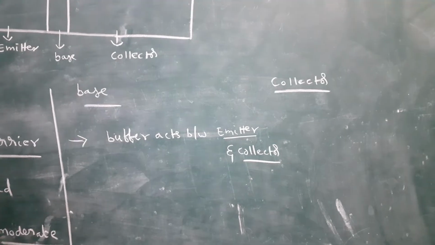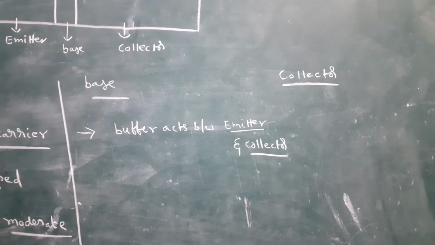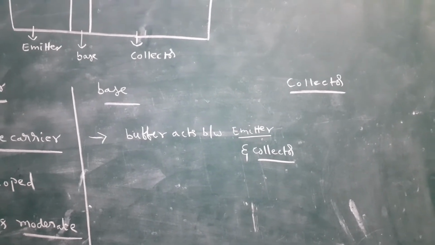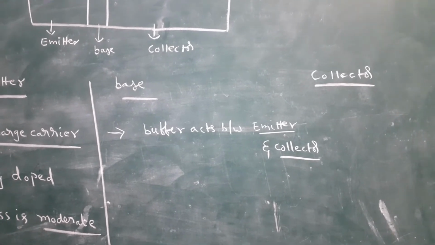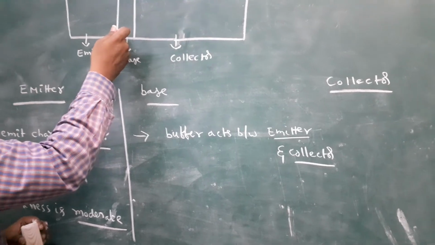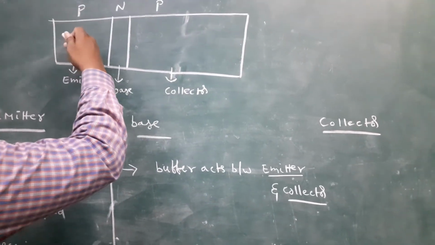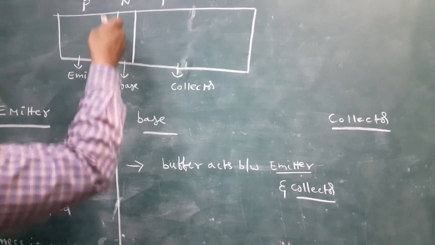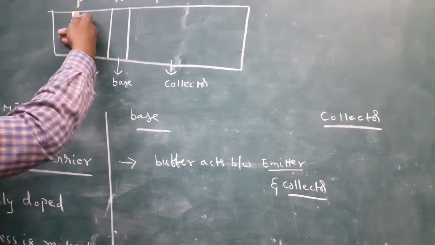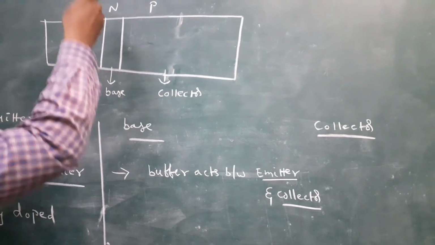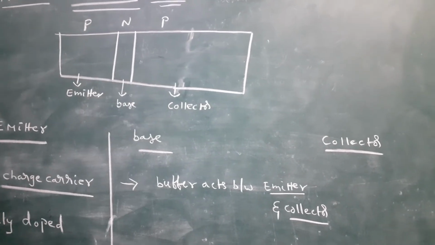Once again I repeat, base is a buffer that acts between emitter and collector. That means it is a broker, converting charges from emitter to collector through the base. Charges move from here to here. So base, in general language, is called a broker.